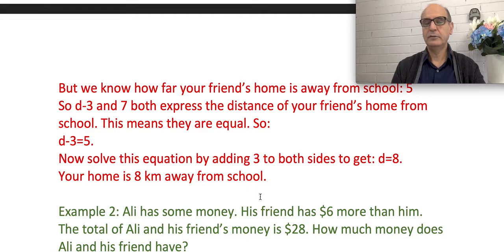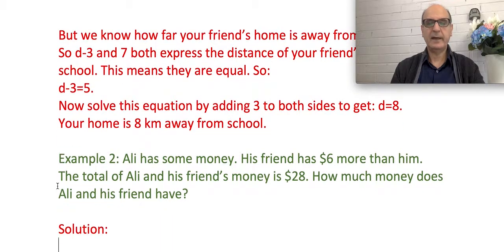So your home is 8 kilometers from school. Remember, in solving equations, whatever you do to one side, you have to do to the other side as well. So if I'm adding 3 to this side to get rid of this minus 3, I have to add it to the other side as well.